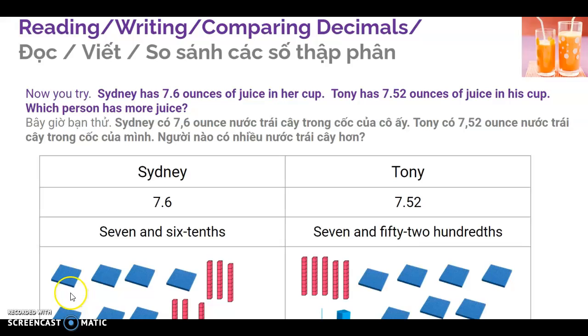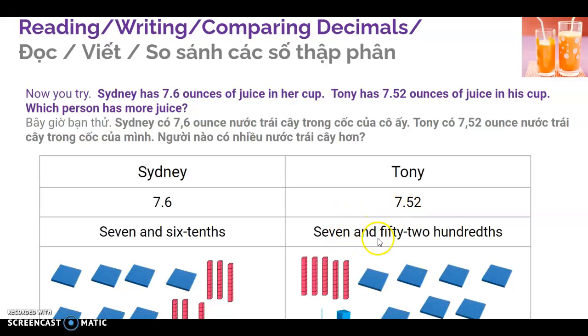And this is how we would represent it whether we were drawing the base 10 blocks or we actually had the base 10 blocks. We would have 7 flats and 6 rods. Whereas Tony, he has 7 52/100ths, which means if we write it, we would write the word 7 and, remember that and represents the decimal.